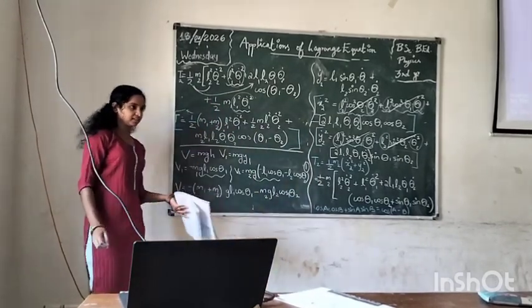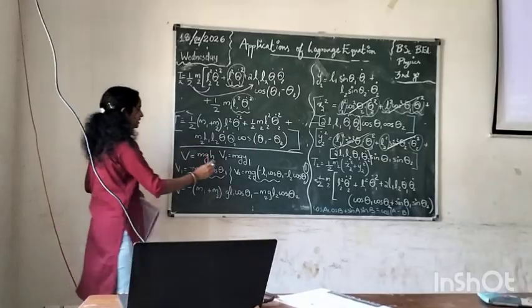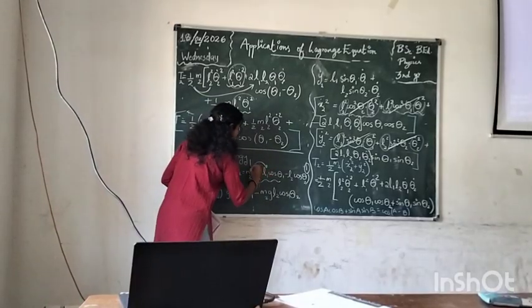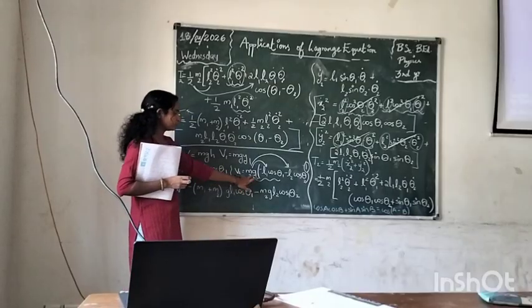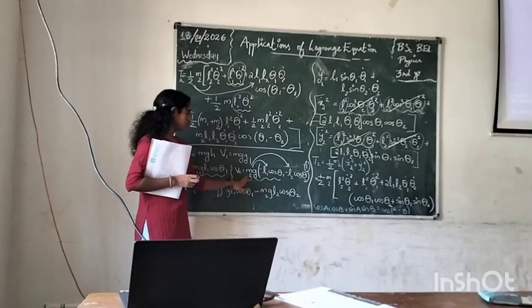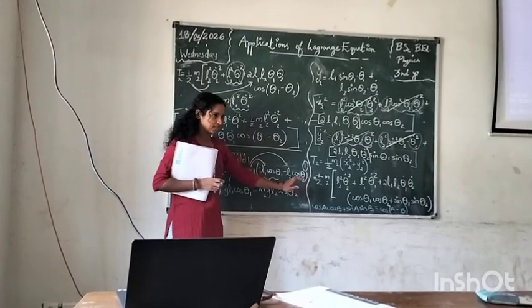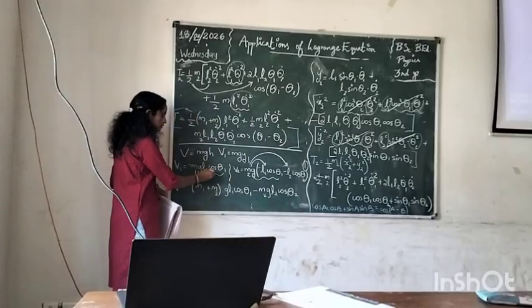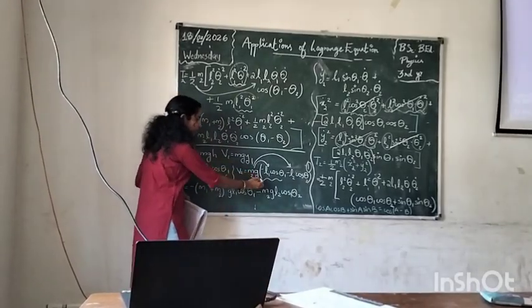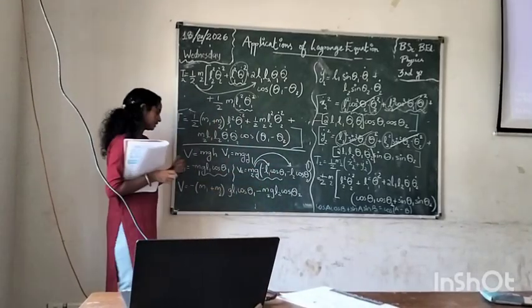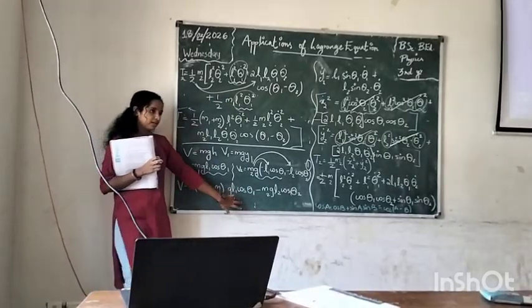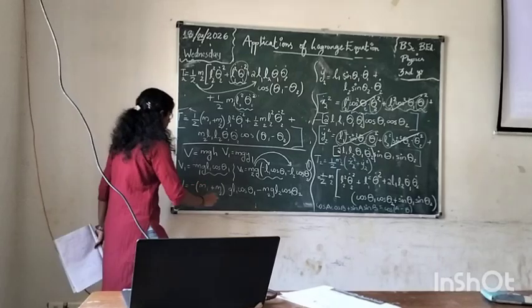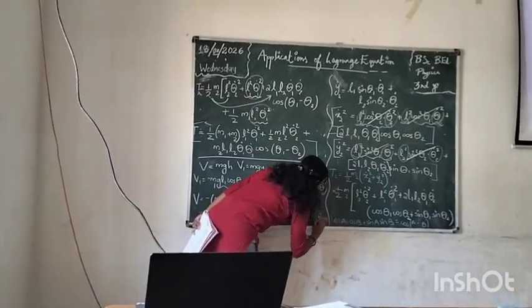Is that clear? Is there any doubt? Like we are expanding this: it will be m2 g L1 cos theta 1, m2 g L2 cos theta 2. And here L1 cos theta 1, here also L1 cos theta 1. We are bringing them together. So it will be minus (m1 plus m2) g L1 cos theta 1. So this is our potential energy.